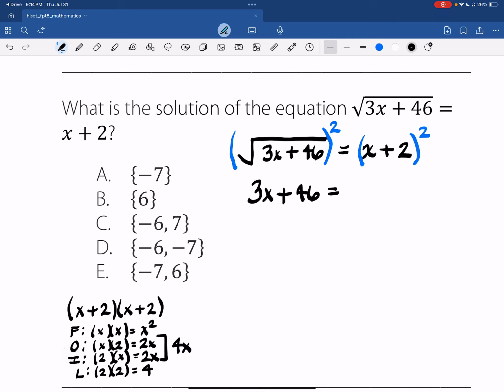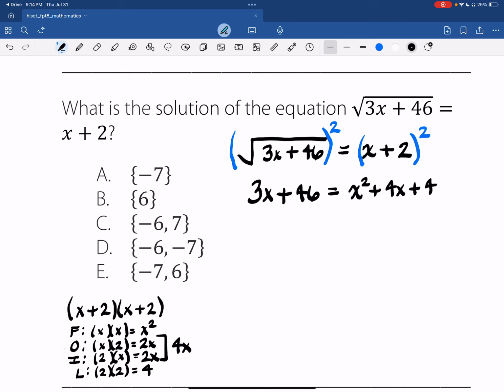So this becomes x squared plus 4x plus 4. All right. I need to set this equal to 0.